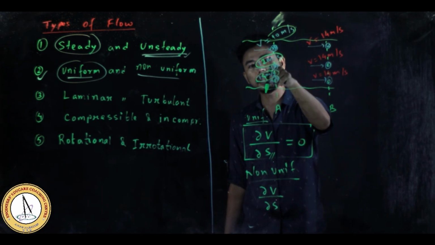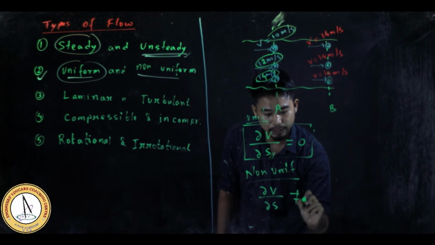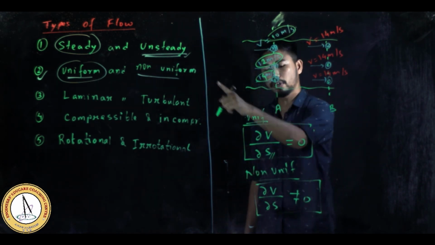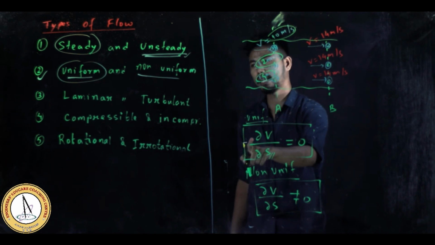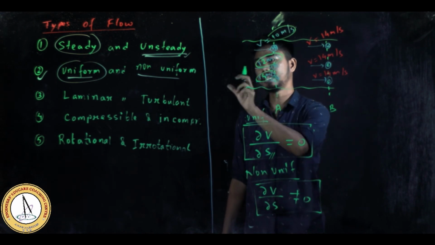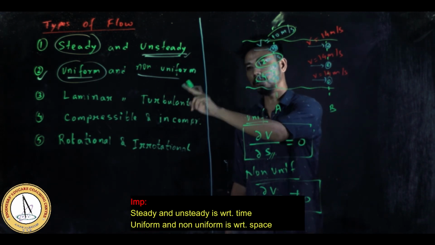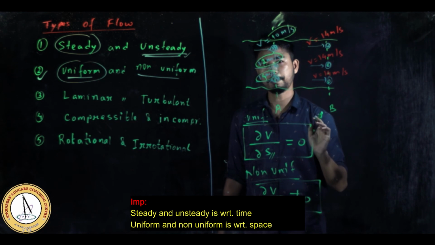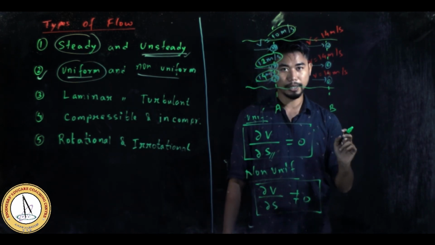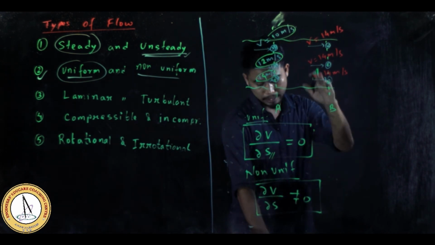It is not 0 because there is a change. So this is the mathematical expression for non-uniform flow. This is the mathematical expression for uniform flow. Okay. So remember, steady and unsteady are with respect to time; uniform and non-uniform are with respect to space. This is also illustrated in your animation. So please note it down.